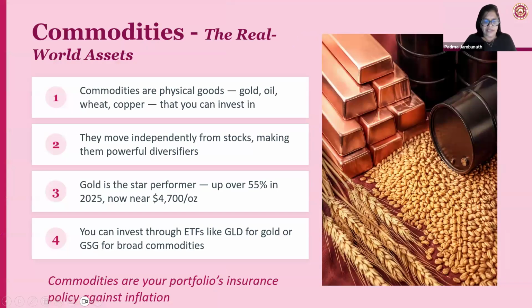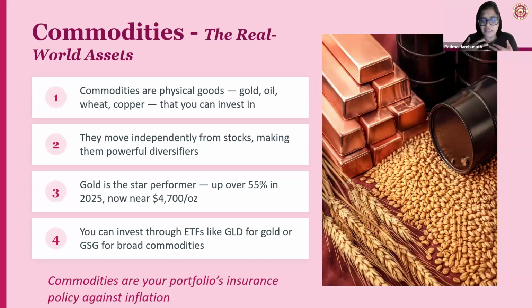The next is commodities. Commodities are the physical building blocks of the global economy. They are tangible, real-world assets that everyone depends upon. When you invest in commodities, you are investing in things people actually use every day.